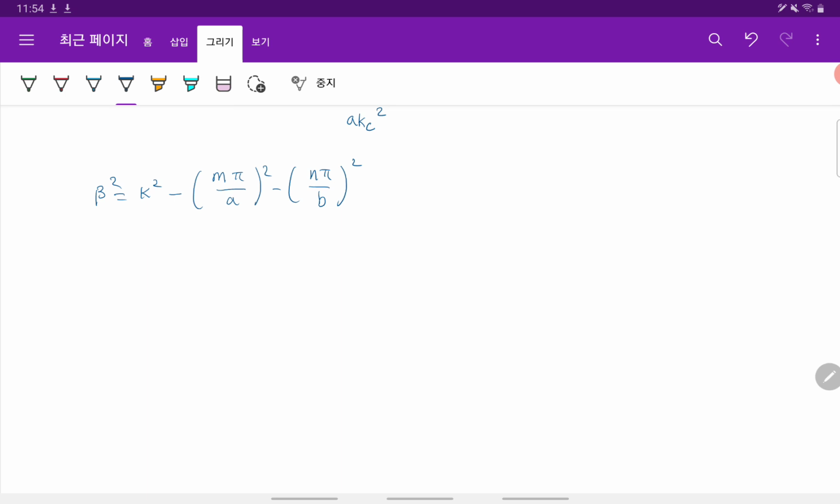I let you know this relationship, the omega and beta diagram, or I call it the dispersion diagram. So this is also important to understand this kind of waveguide property.